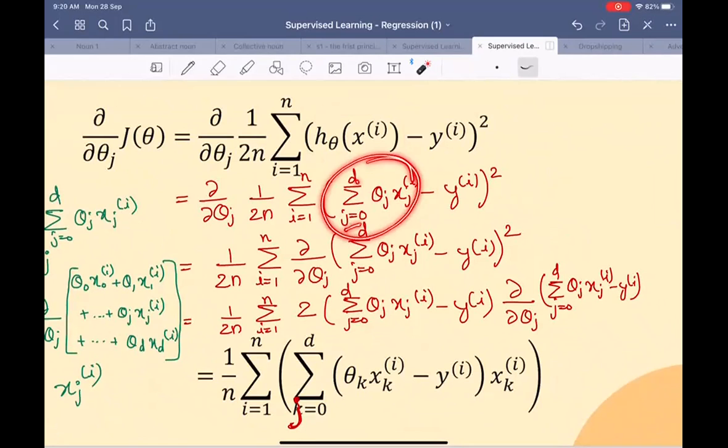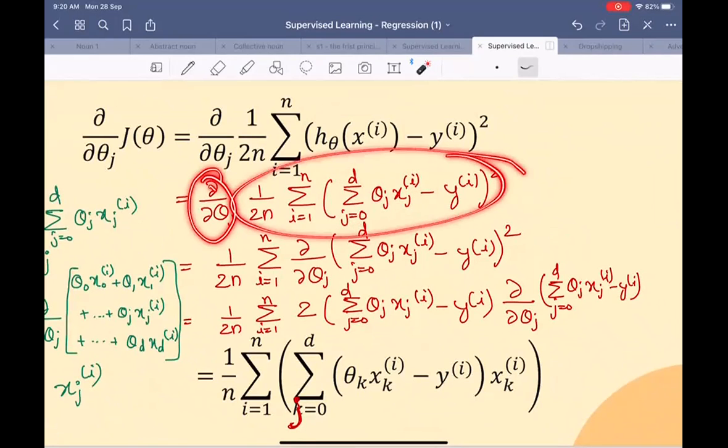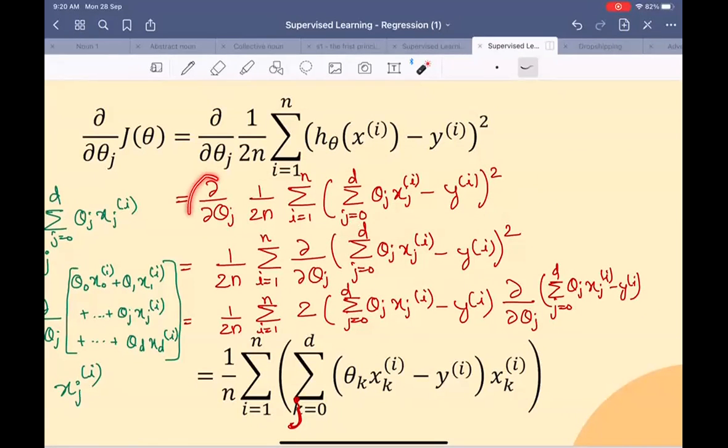When we take the partial derivative of this entire term, we can take it inside. So let me take 1 by 2n and the summation over all these samples outside, and evaluate the partial derivative of this inner term.